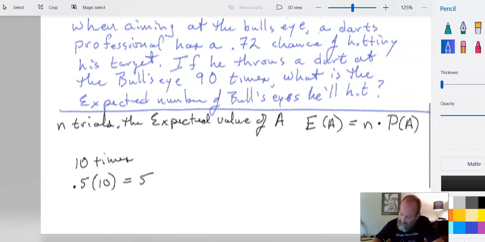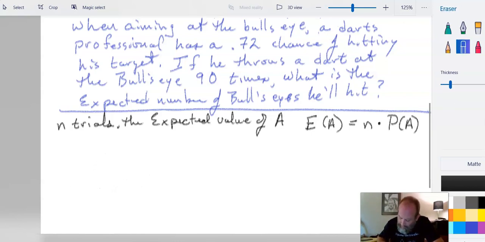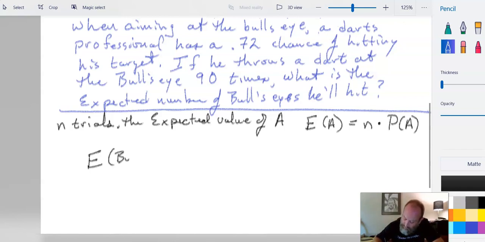How many trials do I have? How many trials am I going to have? Because what I'm looking for is the expected number of bullseyes. That's actually what I'm looking for.